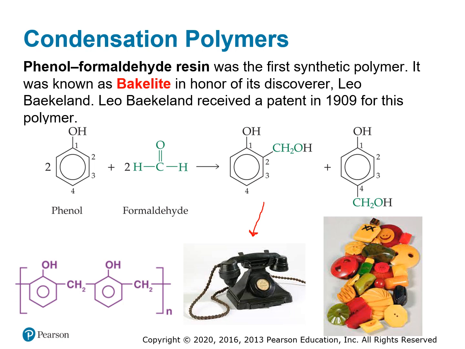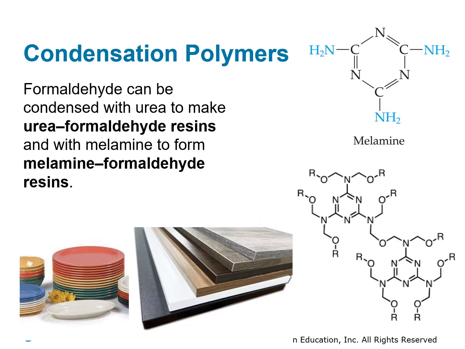Now we use those, or they were used more in the past actually. This material is being replaced somehow. But it's phenol and formaldehyde. So you will make many of those units, which will make this polymer. So the first synthetic polymer, notice the patent is from 1909. And very old forms were made out of that.